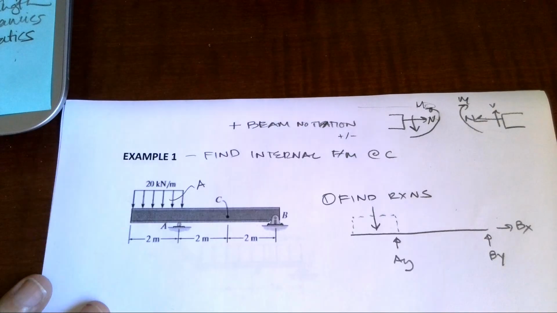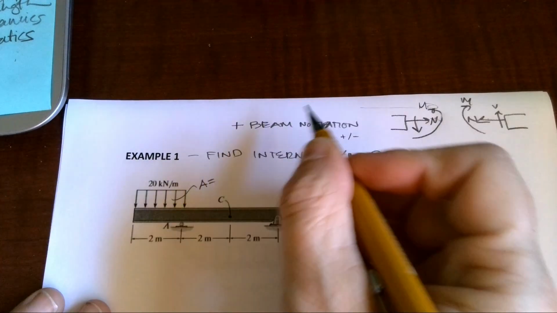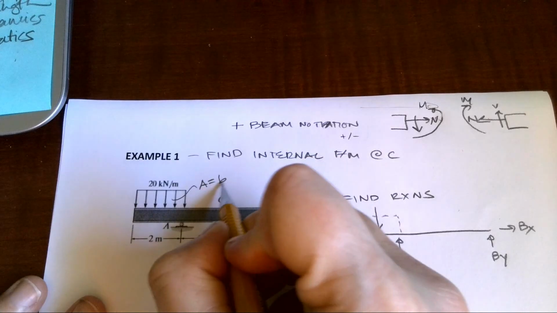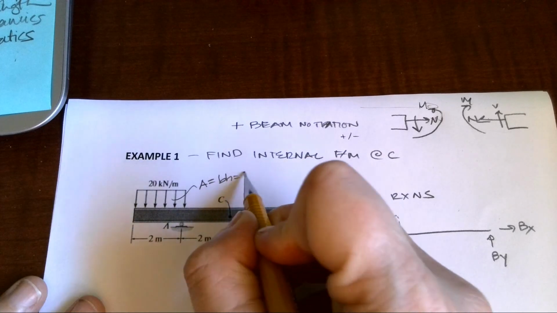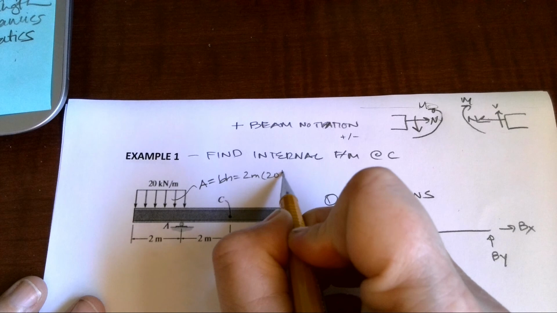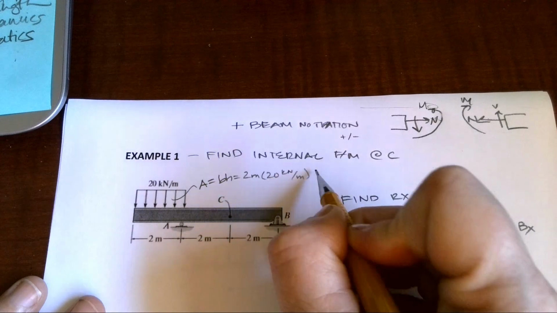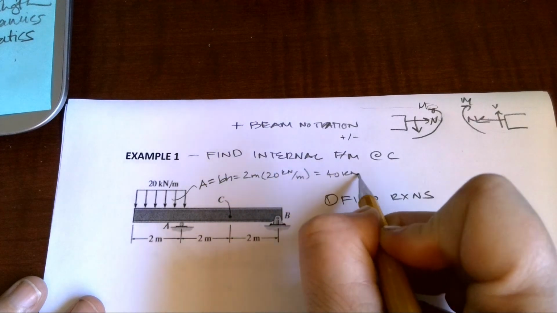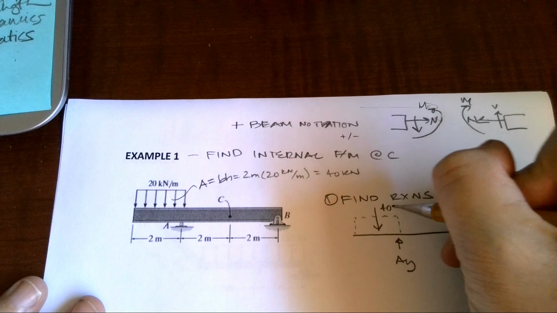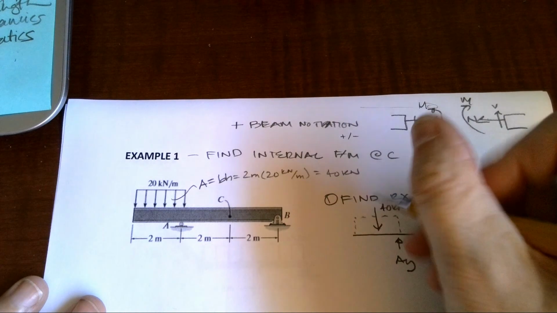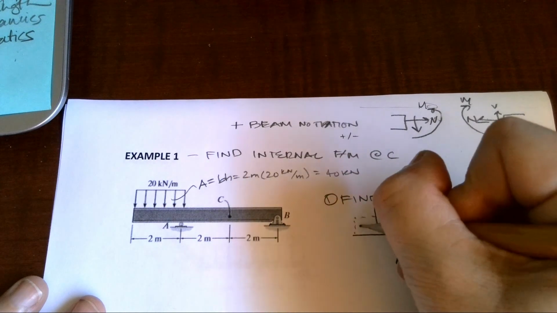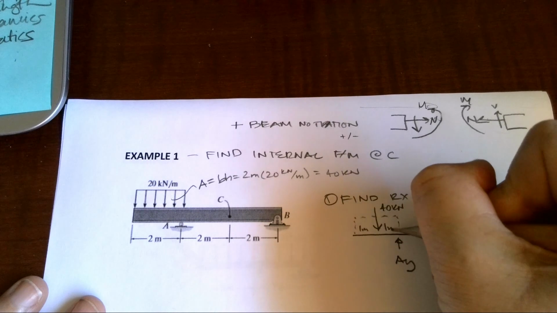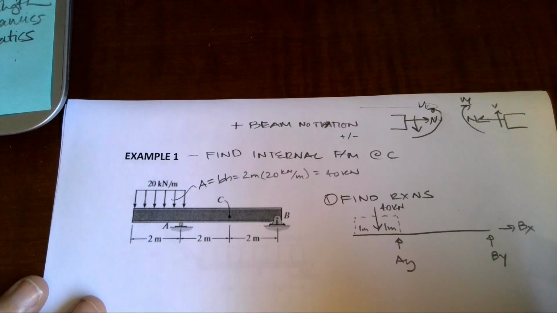And luckily, we don't have to integrate because we know that a rectangle is base times height. So we have 2 meters times 20 kilonewtons per meter equals 40 kilonewtons. And when we are looking at a rectangle, we know that it goes right through the centroid, 4 meters. So here's our free body diagram.